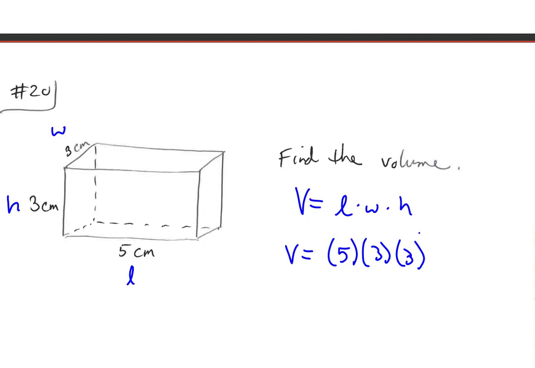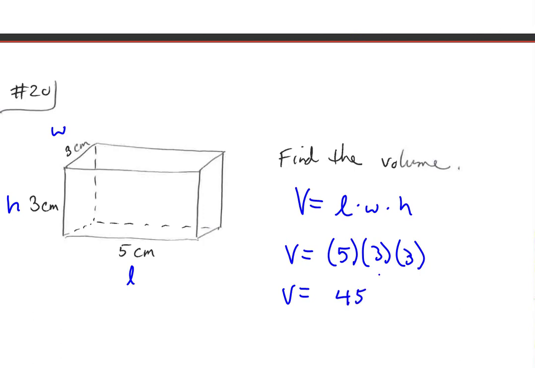It's worth mentioning that the way you label a box, as far as which side is the length and the width and the height, doesn't actually matter, because you could flip this box around and it's not going to change the actual measure of the volume, but it might change your preference on which side to label which. So you could even switch the length and the width or the height and you'll get the same result. So we see here volume is really just 5 times 3 times 3, which ends up being 45.